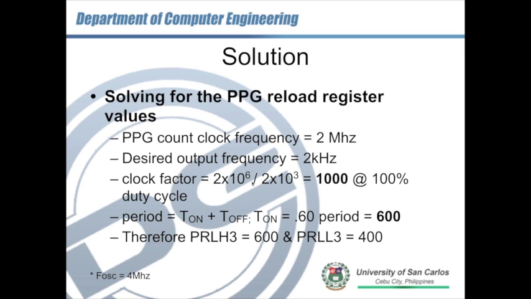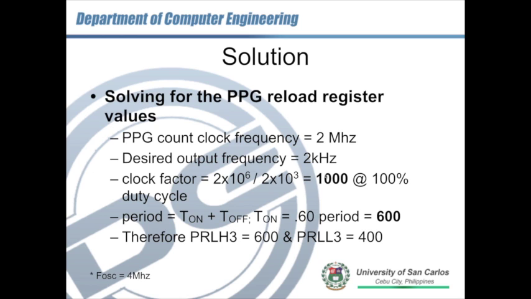So we divide the PPG count clock frequency by the desired output frequency to come up with this factor.